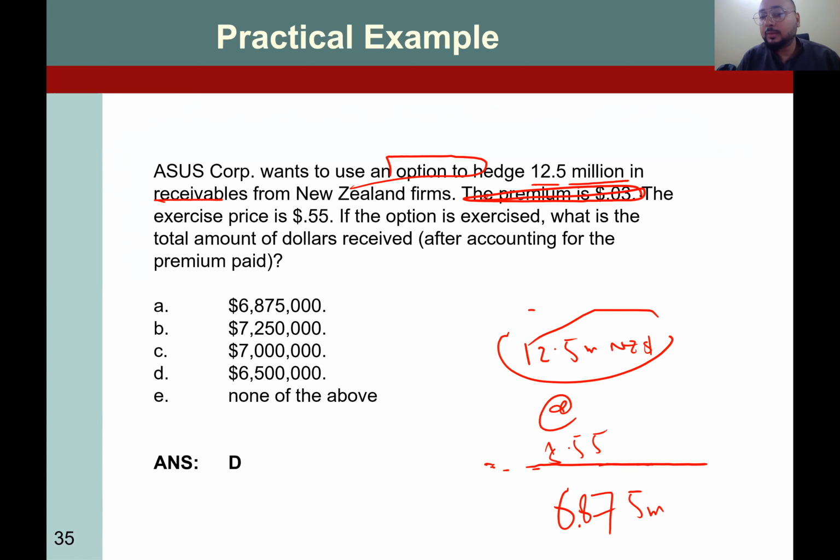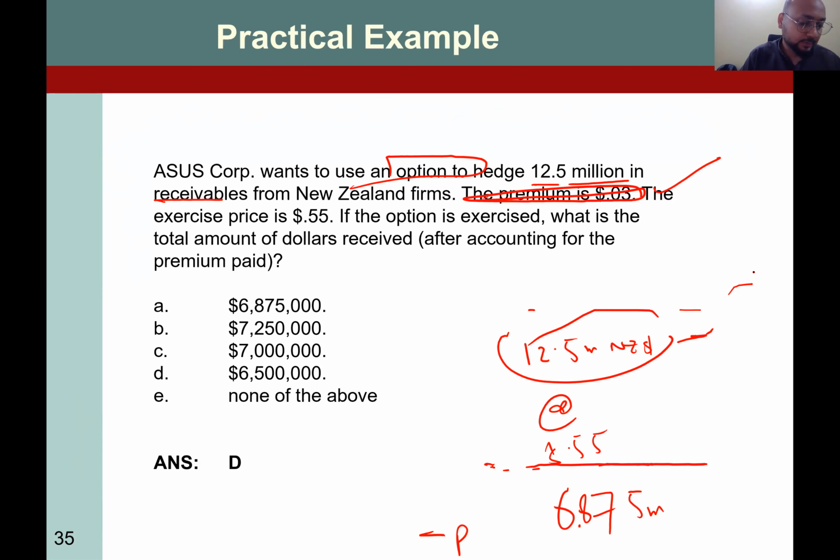But they pay a premium as well, right? So they entered into an option contract that they will be selling their NZ. One NZ is equal to $0.55, but they have to pay $0.03 as premium. So less premium. Premium is 0.03, so 0.03 multiplied by 12.5.